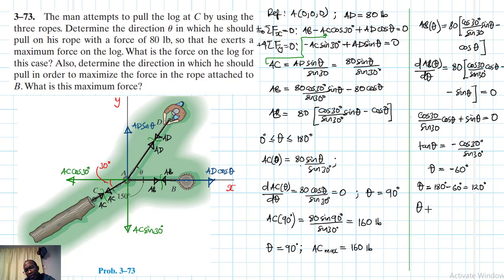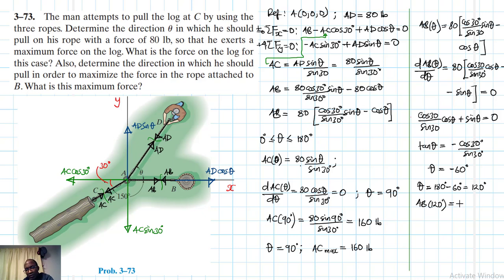So let's find what AB is at 120. AB at 120 degrees, let's plug it in, using this equation here: cos 30 divided by sine 30, times sine 120 minus cos 120, times 80.